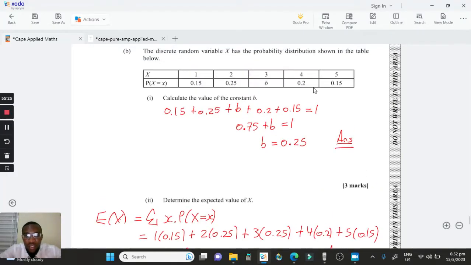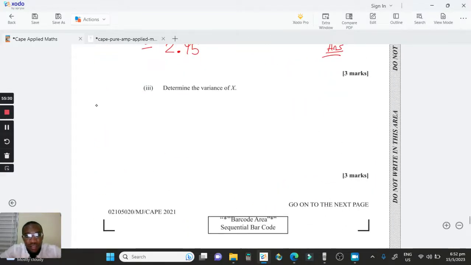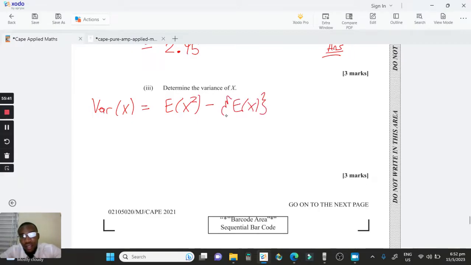Now, the next part, they want us to work out the variance. Now, you have to remember this formula. Var X is equal to the expected value of X squared minus the expected value of X all squared.